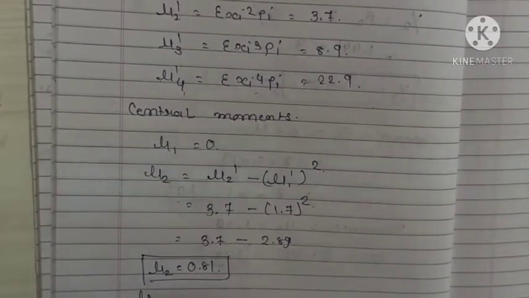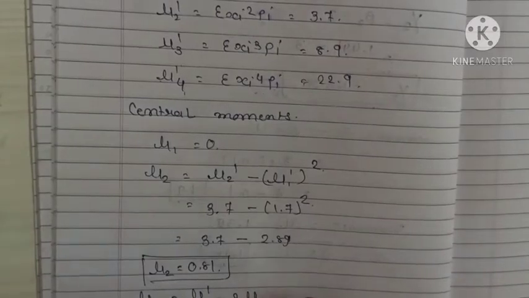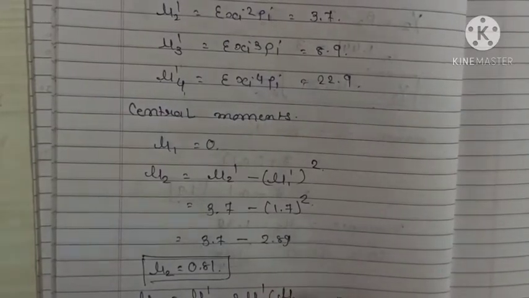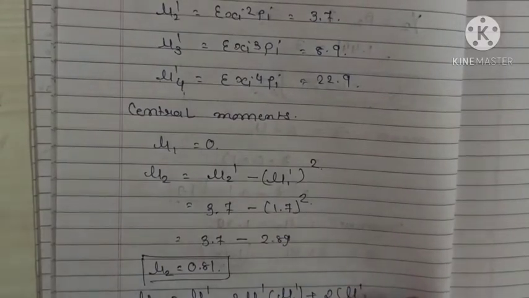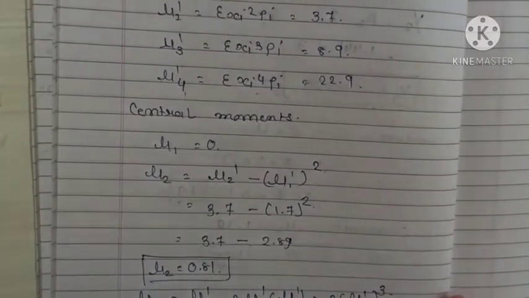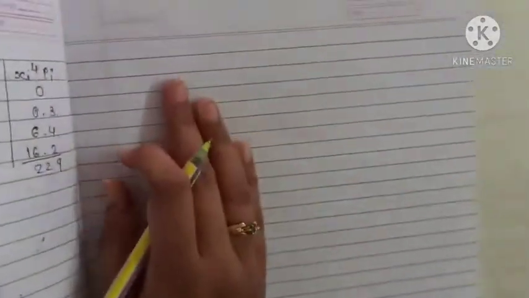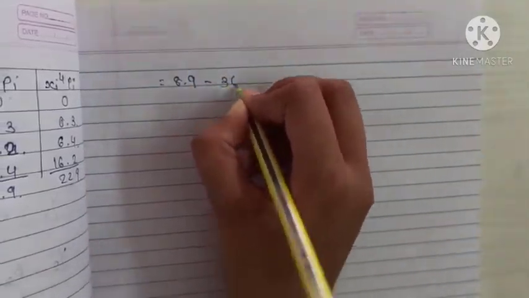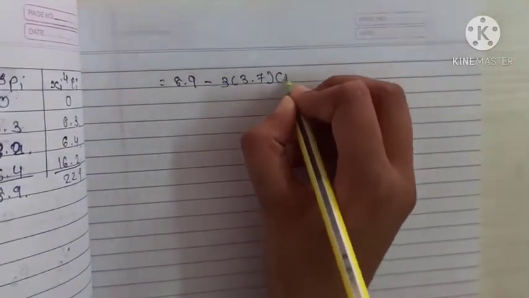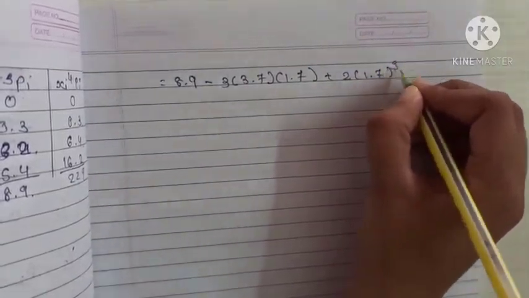Now mu 3 is equal to mu 3 dash minus 3 mu 2 dash mu 1 dash plus 2 mu 1 dash raised to 3. So let's put the values. 8.9 minus 3 into 3.7 into 1.7 plus 2 into 1.7 cube.